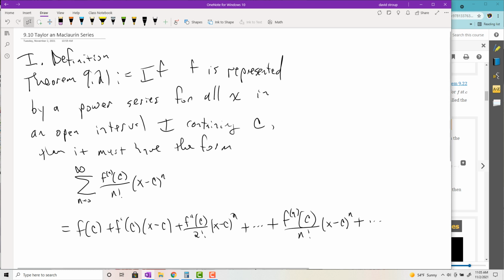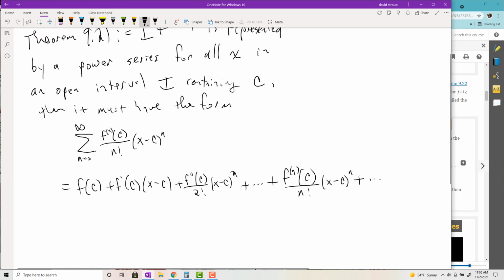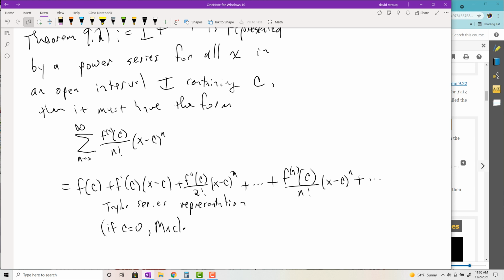It goes on forever. Okay. If c is equal to 0, it's a Maclaurin series, right? So this form is the Taylor series representation, and then if c is equal to 0, it's the Maclaurin series representation.